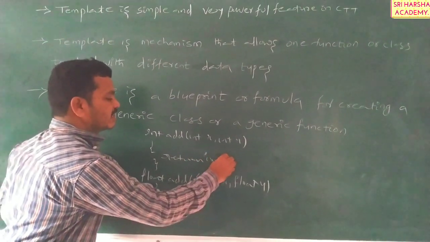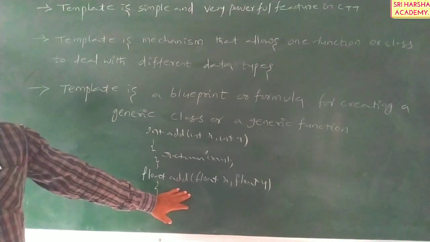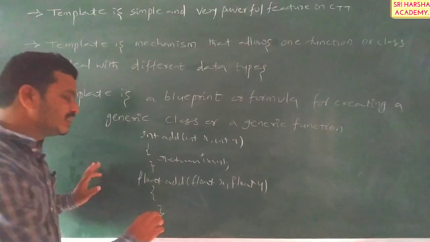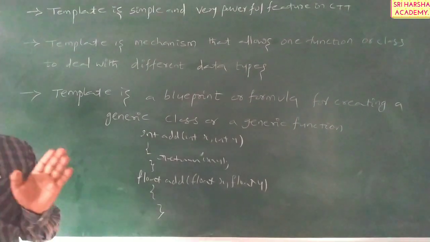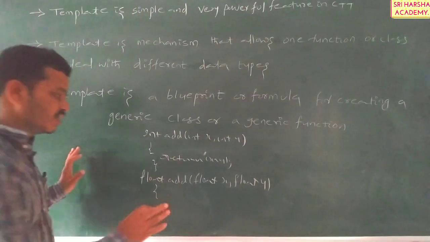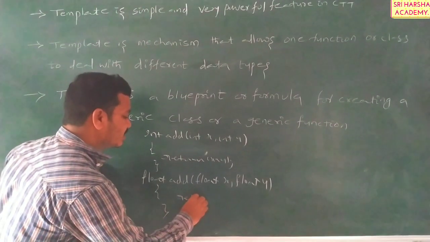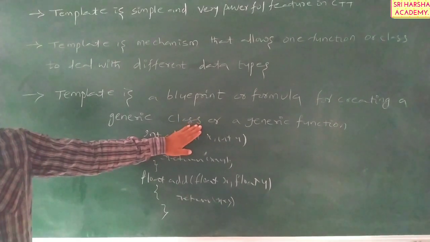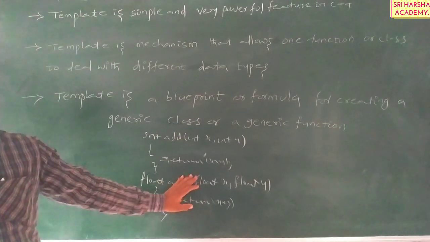The second function, float addition, is also addition of two numbers, but those two numbers are floating values, and it returns x plus y. So the first function returns an integer value, the second function returns a float value.